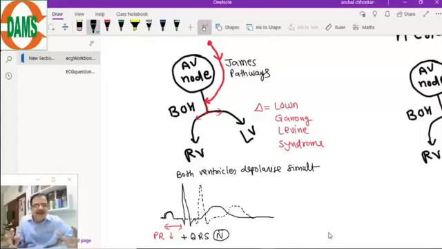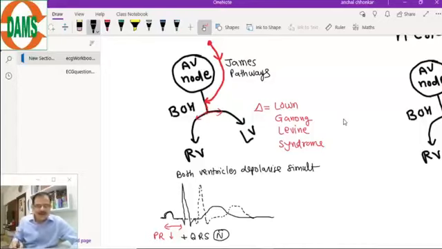It is not widened. It will become wide when the ventricles are not depolarizing simultaneously. So LGL syndrome will have a short PR interval, and the QRS complex will be exactly normal. The QRS along with the T wave is shifted towards the P wave.